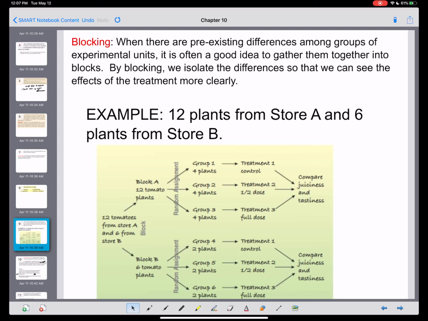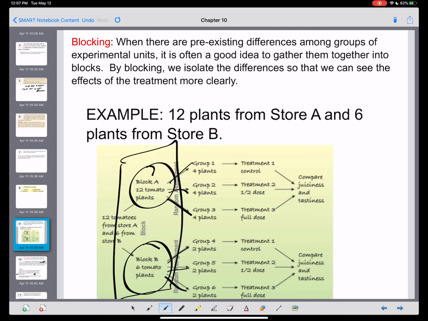I'm putting all my plants from store A into one group, all my plants from store B into one group, and then from there, I'm breaking it up into smaller groups. Okay, that's what blocking is. Blocking, once again, is taking the plants and separating them into groups that have a similar characteristic.